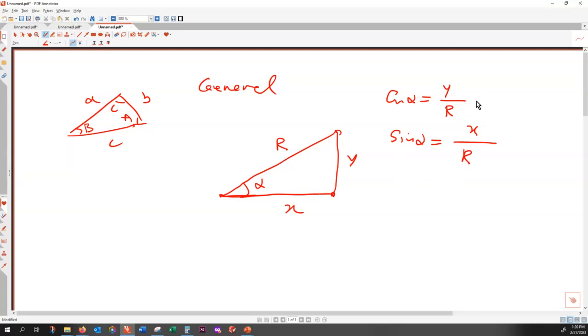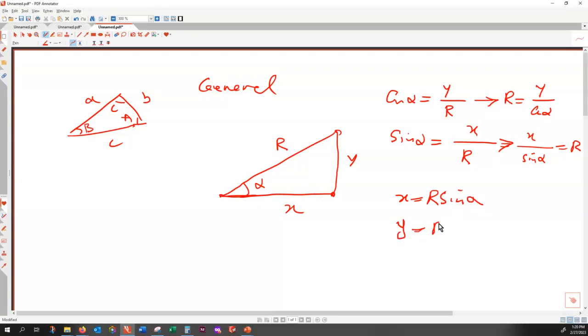So I can manipulate these equations, Ahmed, by writing that r is equal to y divided by cos alpha, or I can write this one as x divided by sine alpha is equal to r, or I can write that the x component is hypotenuse multiplied by sine alpha, or that the y component is r multiplied by cos alpha.